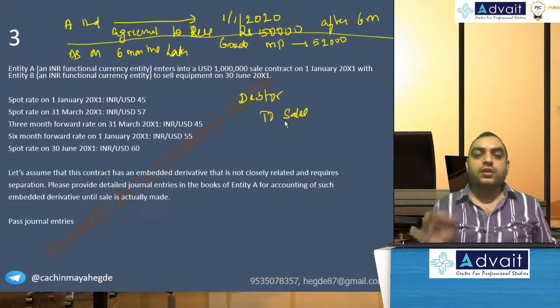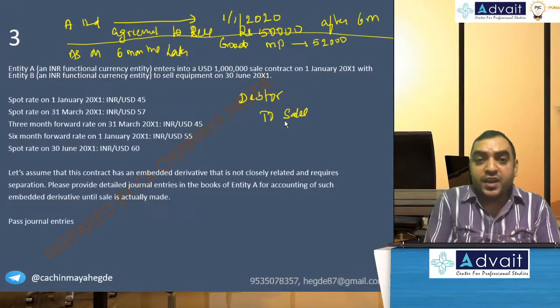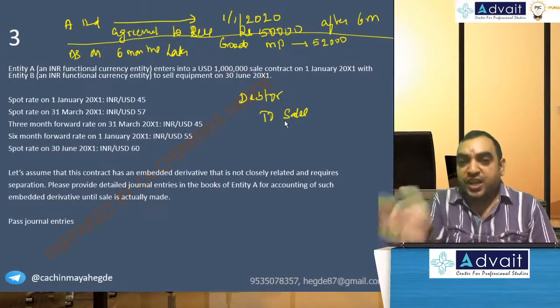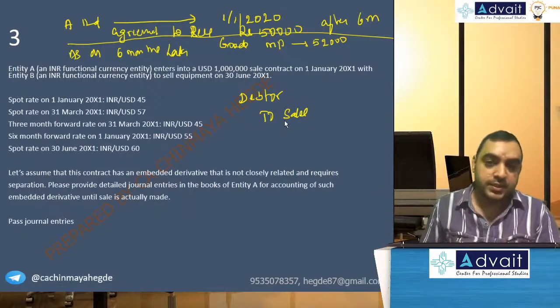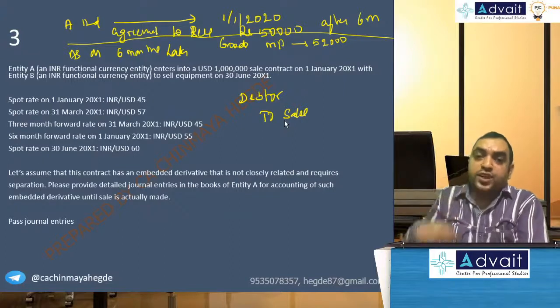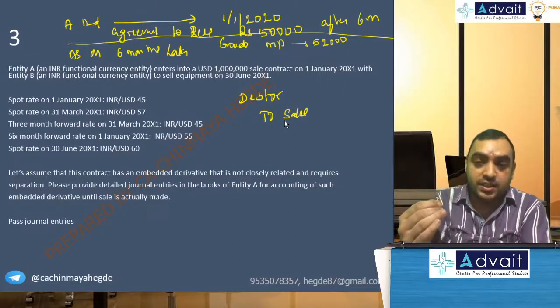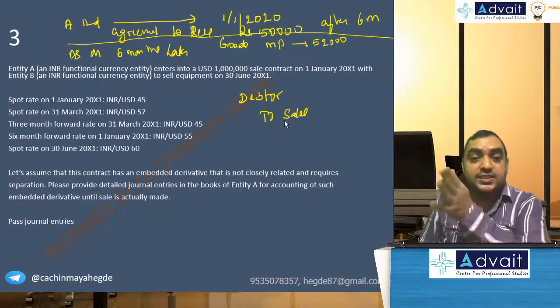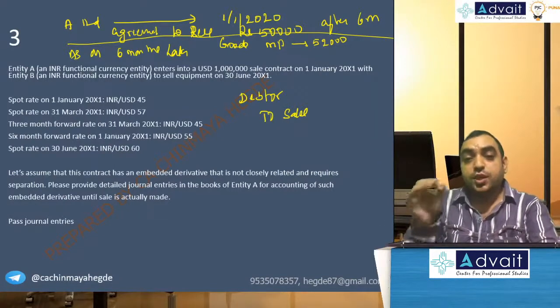You have entered into an agreement to sell the goods at 50,000 after 6 months. After 6 months, when the goods are actually delivered, the market price is 52,000.